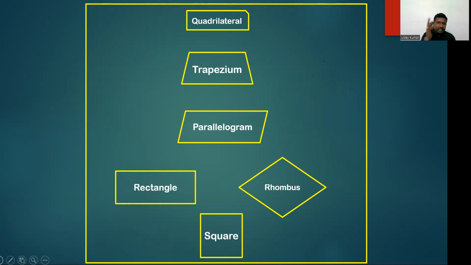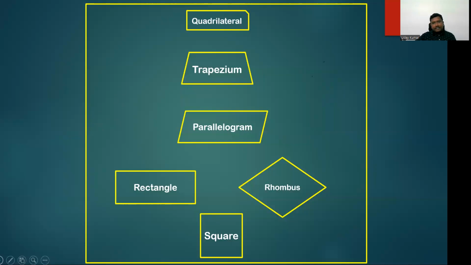As I told you, many definitions we can give for a square, but I wanted to take the support of rectangle. A rectangle in which all sides are equal is a square. Because in a rectangle all angles are equal already, if the extra property that all sides are equal is also included, then it becomes a square.